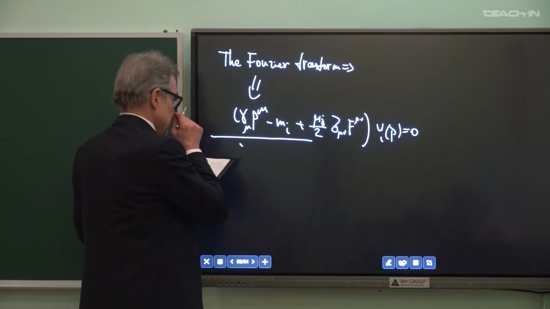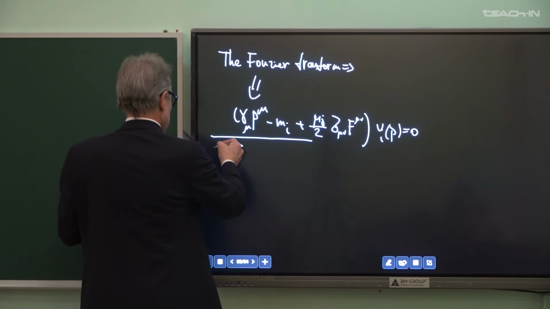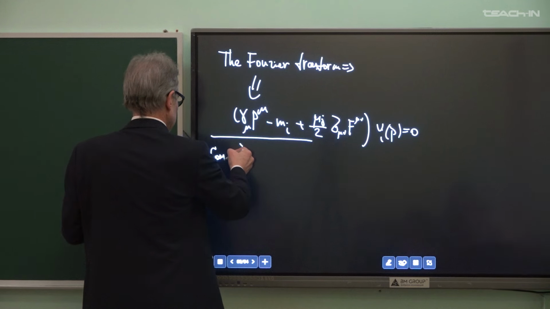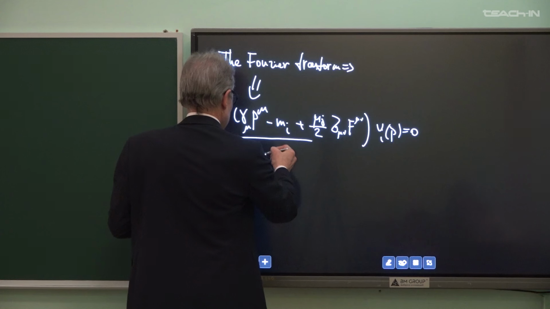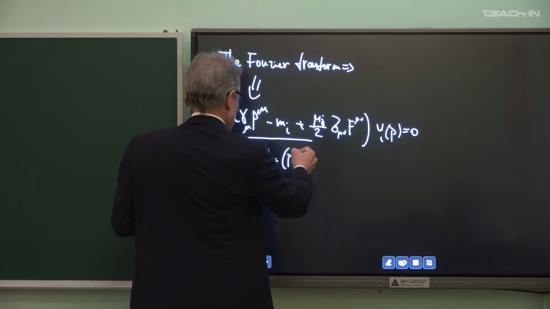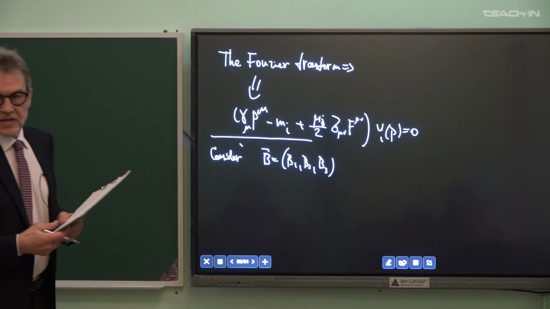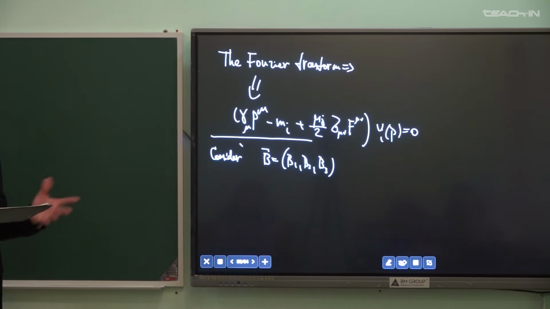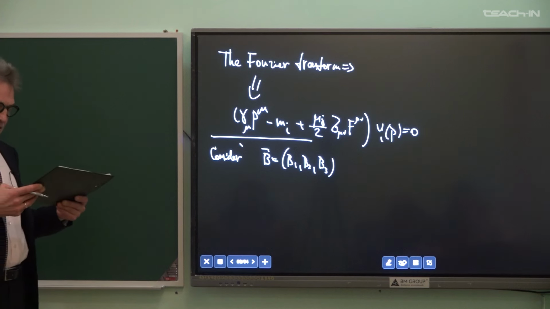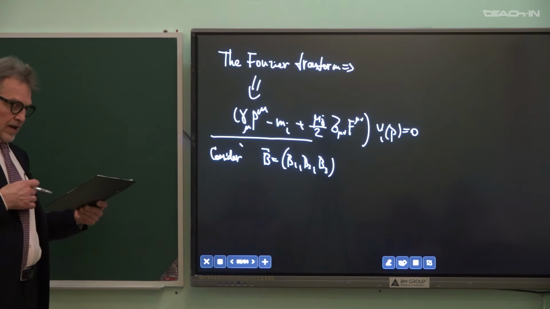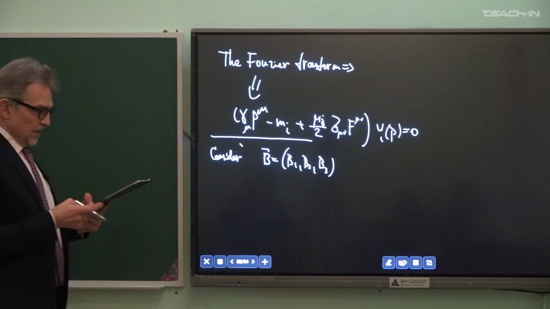Now let's consider the case of the constant magnetic field that is determined by its projections to some fixed axis, these components of the vector of magnetic field.